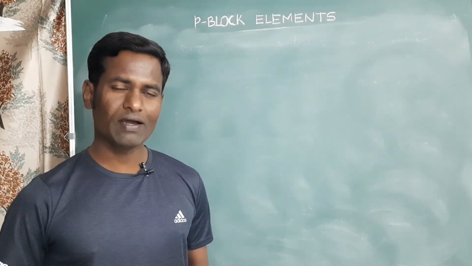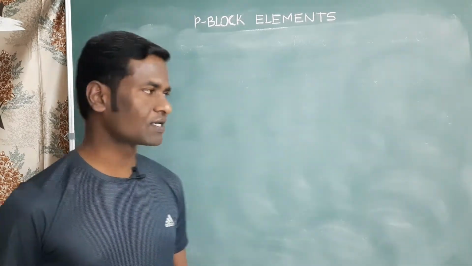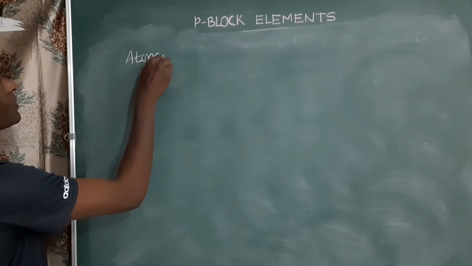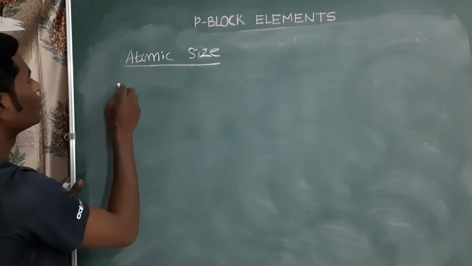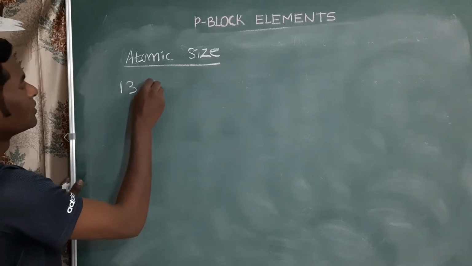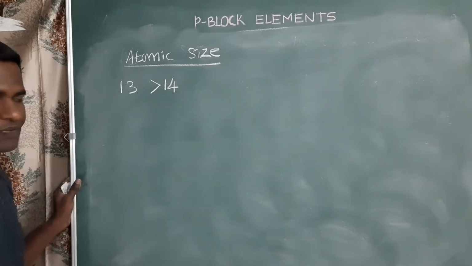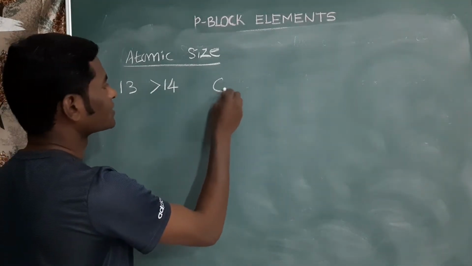Next is periodic properties of group 14 elements. The first one is atomic size or covalent radius. When compared to group 13, the size of group 14 is compact, smaller. Moving down the group, size of atom increases.